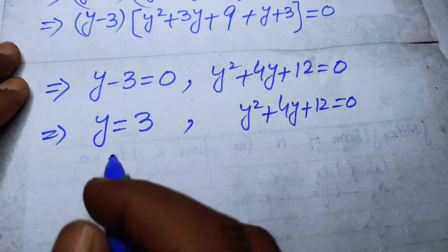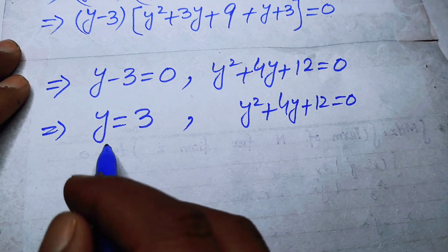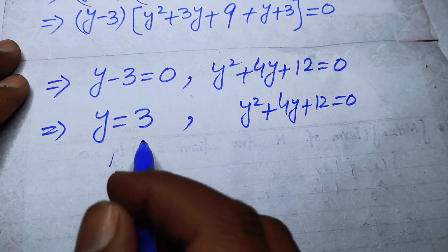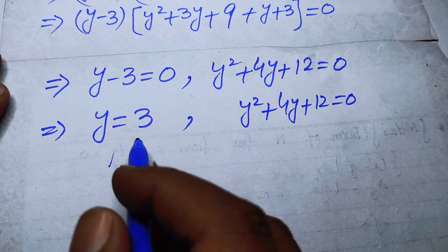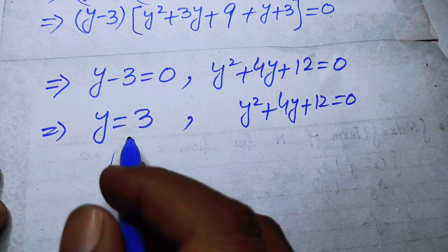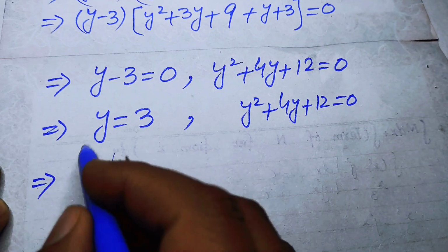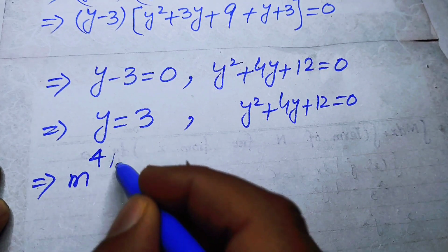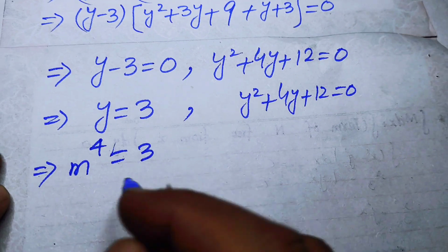So now first I can solve the case y is equal to 3, and at the start of the question we took m to the power of 4 is equal to y. So now we can back substitute the value, and we obtain m to the power of 4 is equal to 3.